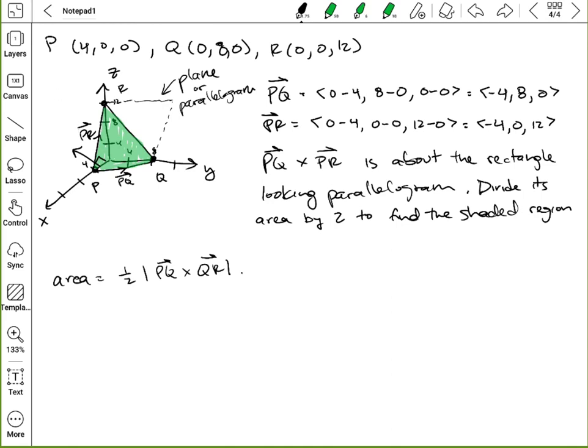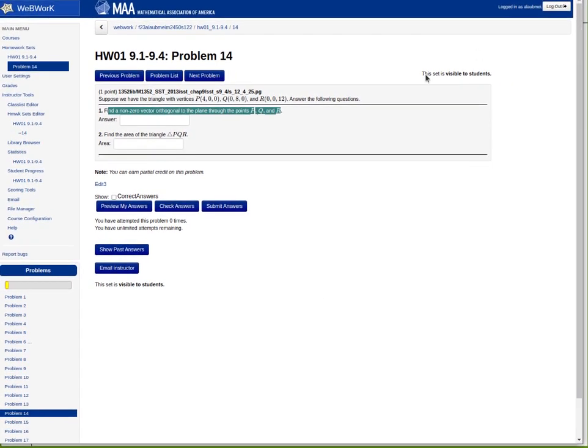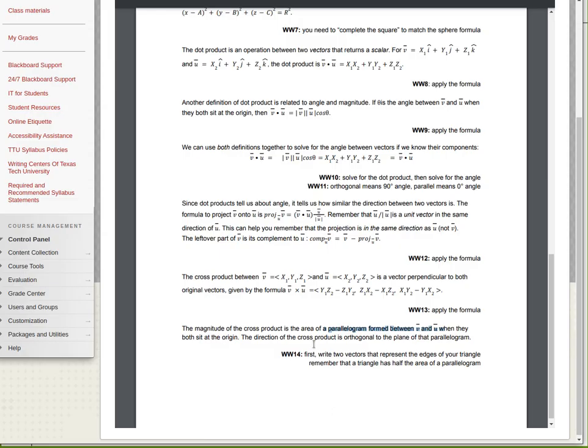You can see a drawing in the textbook, or you can believe the sentence I wrote right here. The direction of the cross product is orthogonal to this plane or that parallelogram.